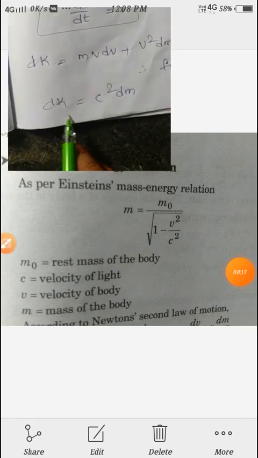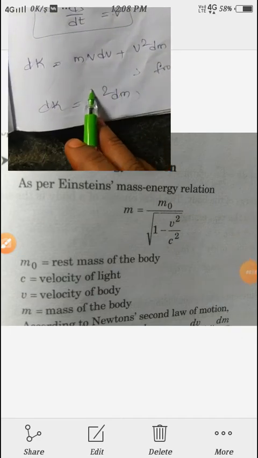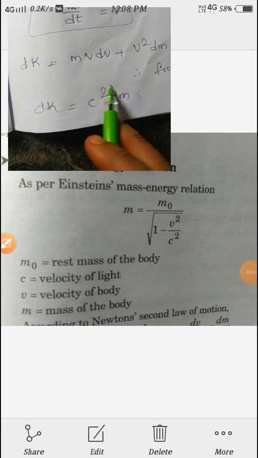Now integrate this equation, kinetic energy from 0 to k.